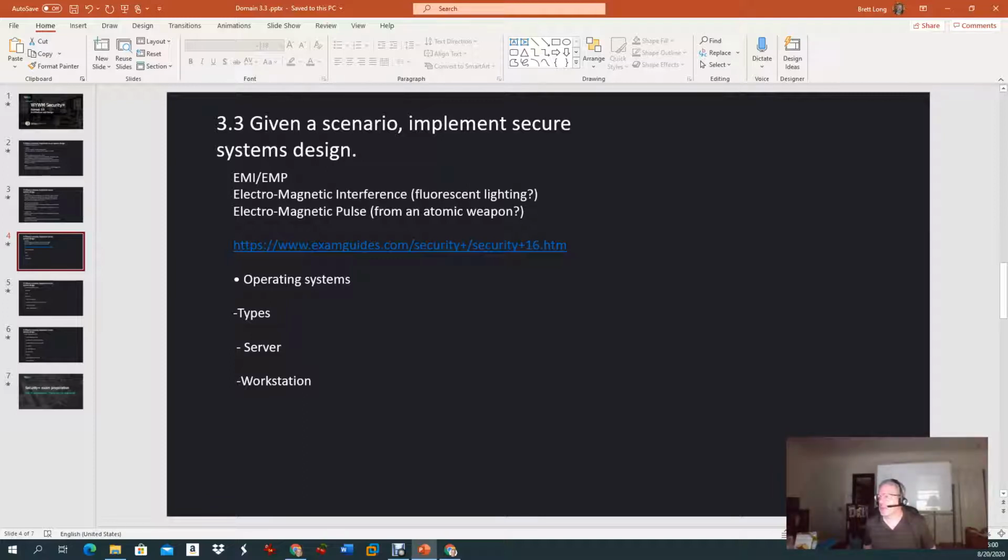EMP, electromagnetic pulse, looking at the overall negative effects of atomic weapons. A high-altitude atomic weapon can take out satellites, transmission, GPS, right? There's a thought that some attacks might be preceded by an EMP. We're highly dependent on GPS.